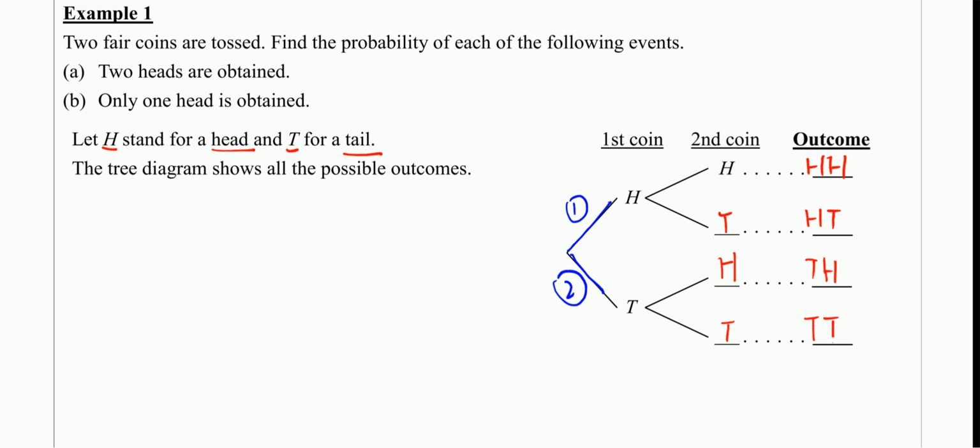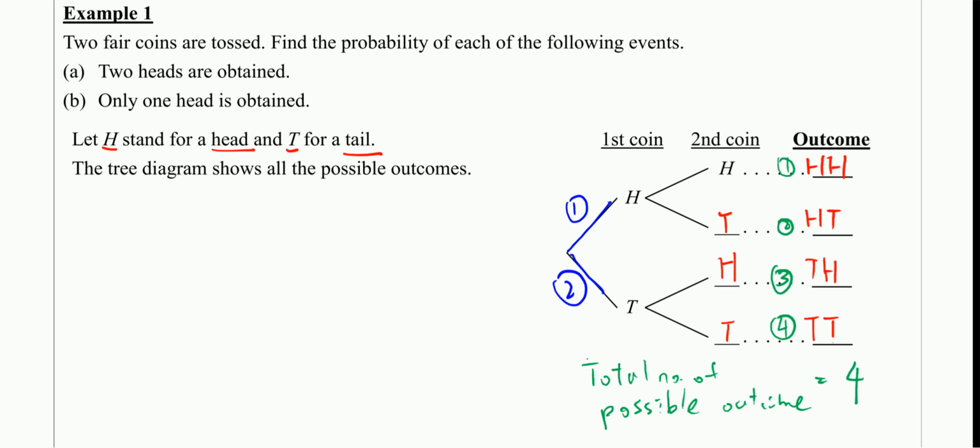Let me give you a remark here: the total number of possible outcomes should be equal to 4, and you can count them as 1, 2, 3, and 4.